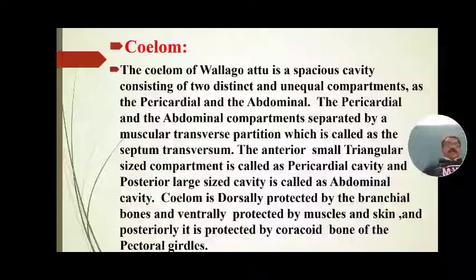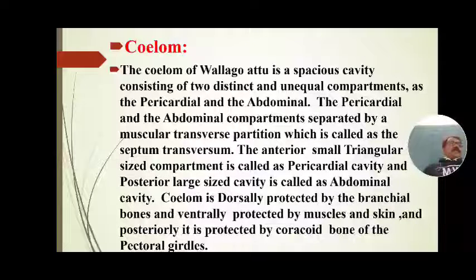In Wallago attu, this body cavity is spacious and consists of two distinct unequal compartments. The anterior small triangular chamber is called the pericardial chamber, and the posterior large spacious irregular chamber is called the abdominal chamber.